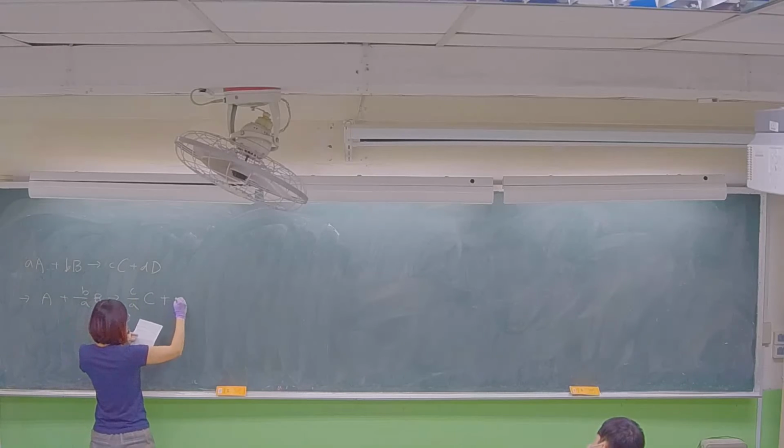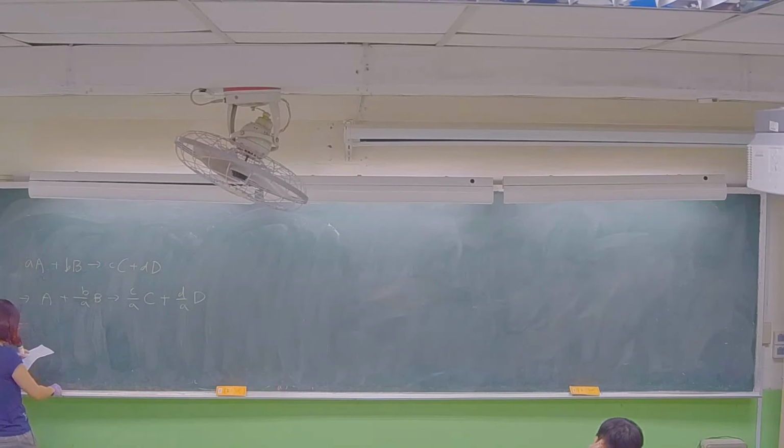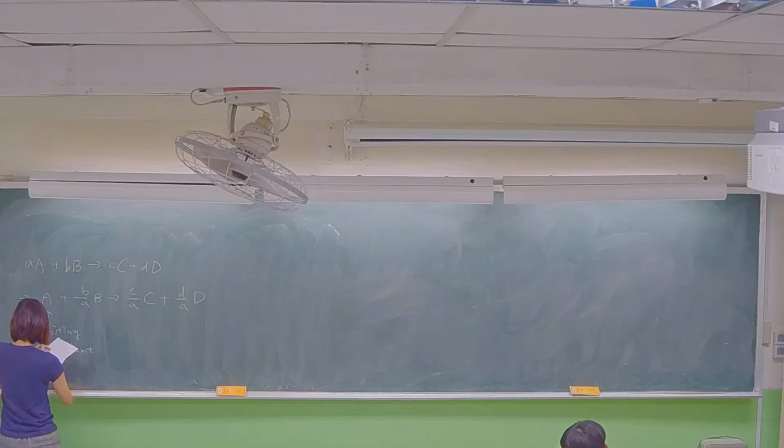And normally A is the limiting reactant, 限量试剂. So normally the coefficient for the limiting reactant is 1. That will be easier for you to do the following calculation or following analysis.